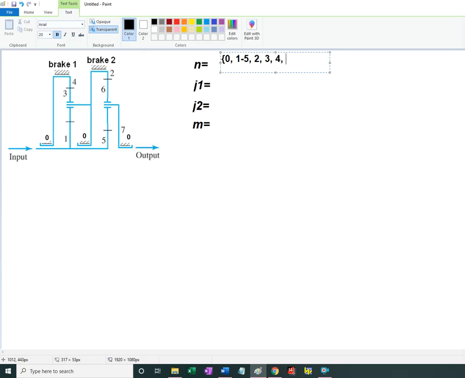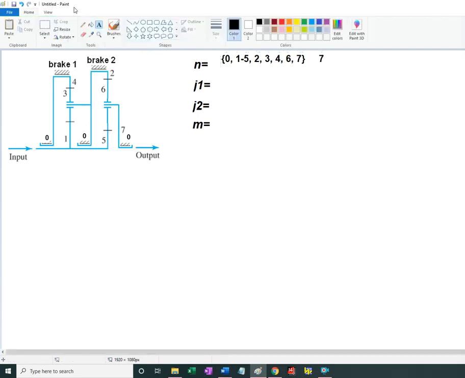Number 4, then number 6 as a separate body, and number 7 as a separate body. So together they are 1, 2, 3, 4, 5, 6, 7. Ground link included.